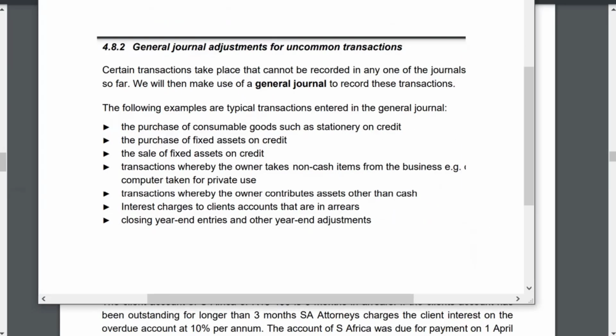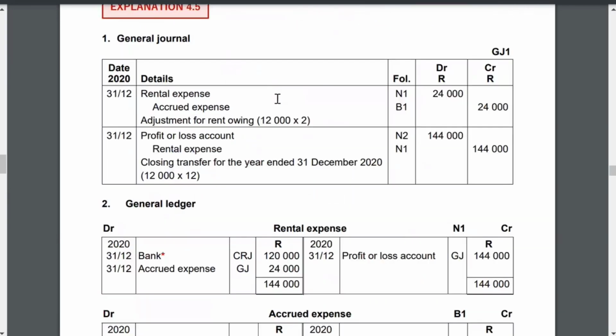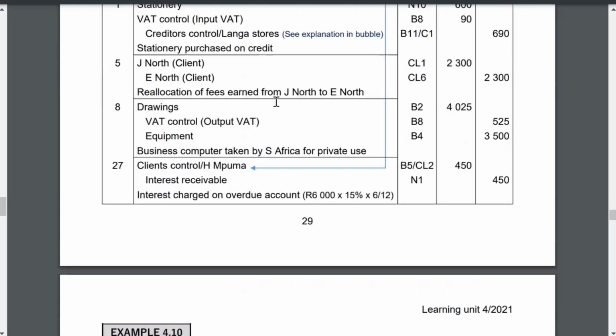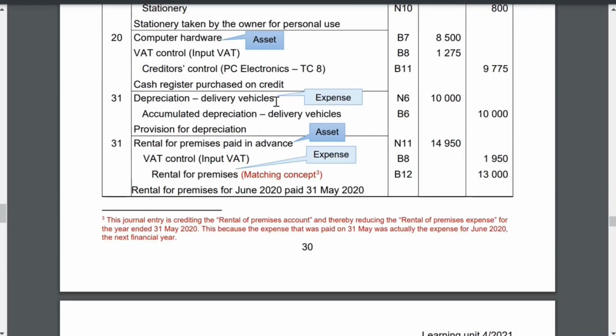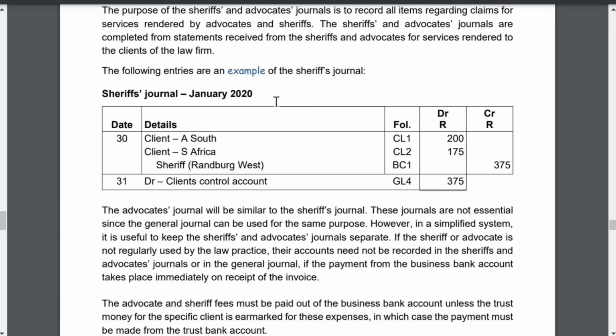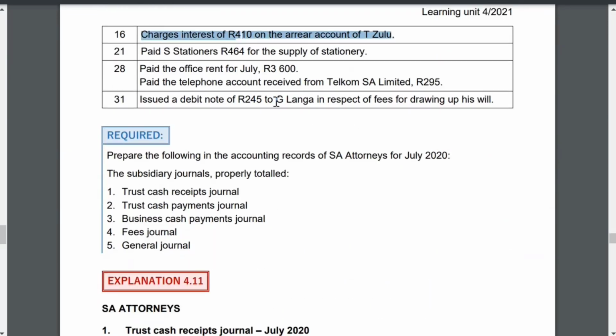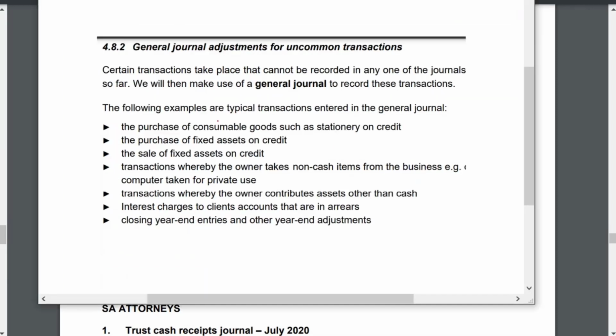This is all the transactions that are recorded in your general journal. So transaction number 16 says charges interest of 410 on the arrear account of T Zulu. This is true, guys, but this forms part of general journal.